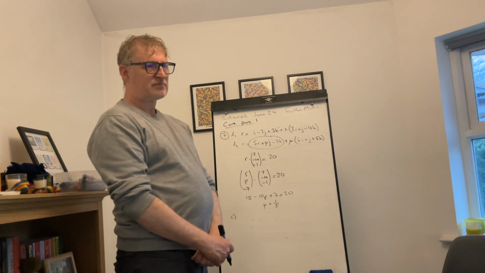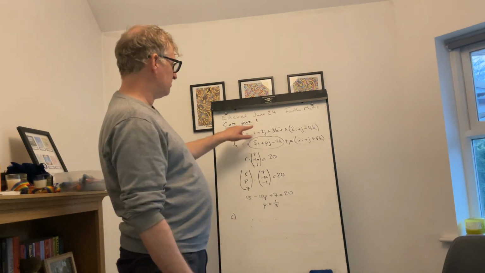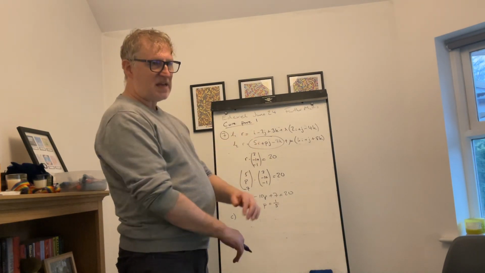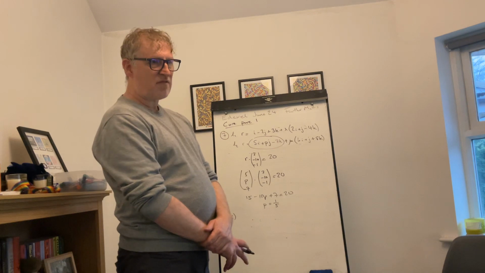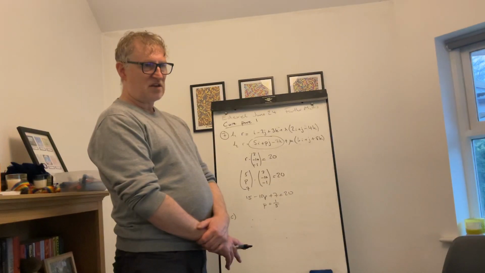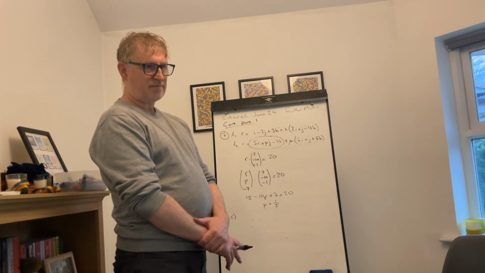Right, given that the lines L1 and L2 intersect at the point A, the point B has coordinates 12, minus 11 and 6. Determine to the nearest degree the acute angle between AB and pi.